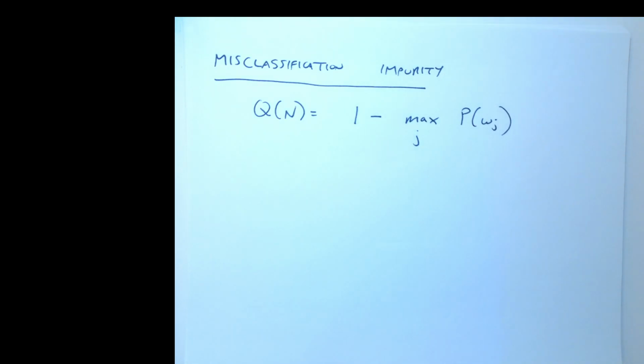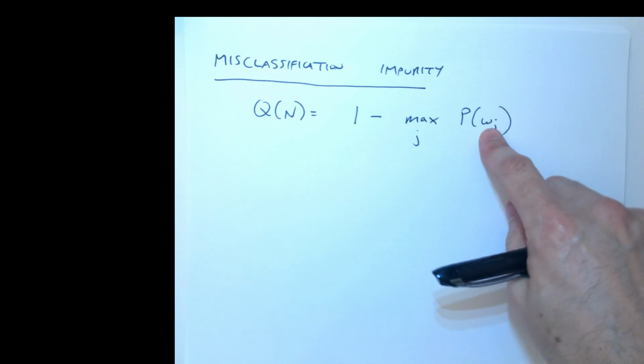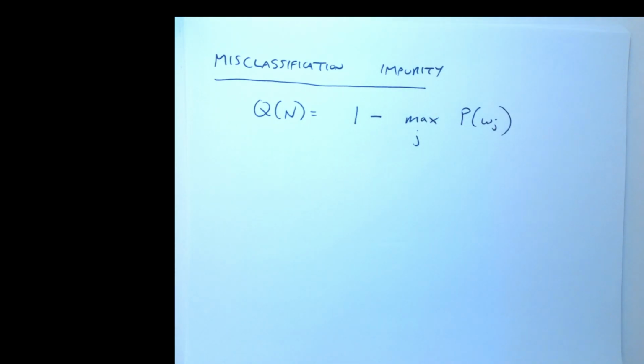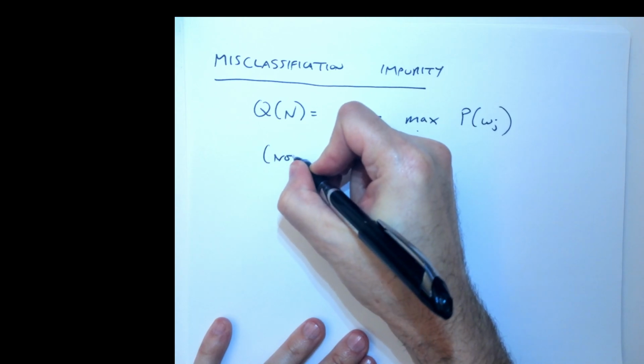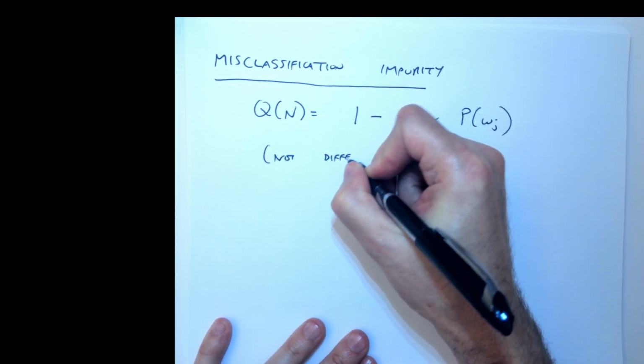That's like asking, if I chose something that wasn't the maximum class and it was wrong, how bad could it be? If I have certain classes, the maximum probability is 1, so this number is 0. If I have uncertain classes, then the maximum is no bigger than 1/2. The problem with this one is that it's not differentiable, for what it's worth.